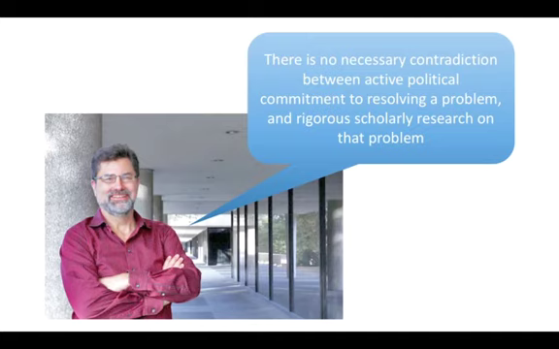In fact, you can do very rigorous scientific or scholarly research on a problem and at the same time hold and pursue a political commitment, a commitment to a better kind of a world, a commitment to more efficient or improved professional practice, a commitment to enhanced health outcomes in a community, or a more just set of relationships between groups in society. So it's challenging the idea that research should be objective, if objective means politically neutral.